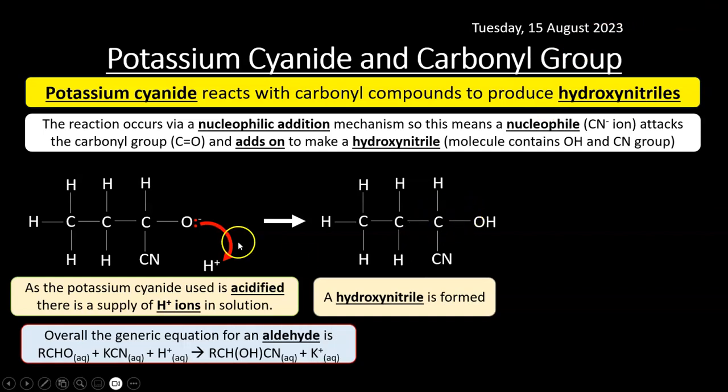If we look carefully at what the carbonyl carbon has now become, it's gained the CN group and also an OH. The carbonyl oxygen, which is now OH, is the hydroxy part, and the nitrile is the name of the carbon skeleton. So if we look carefully at this particular one, we count the carbons 1, 2, 3, 4.